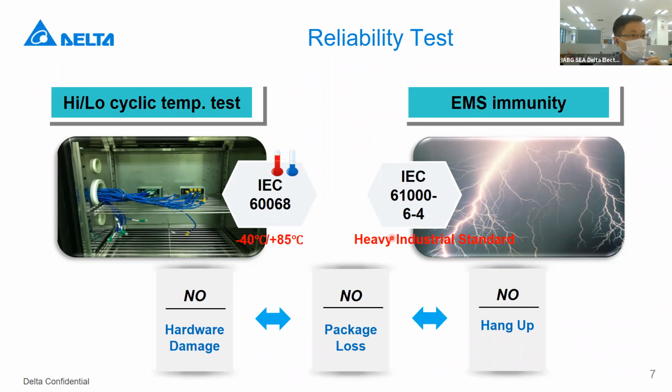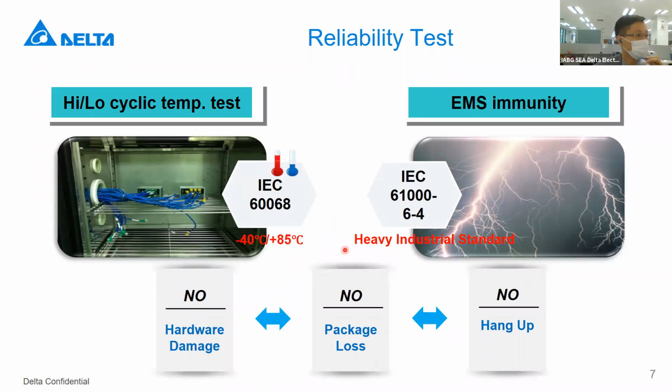And also because for the industry, sometimes the product is outside, so we have to bear heavy industrial standards, like thunder or high voltage pulse. So we also follow the IEC rules.